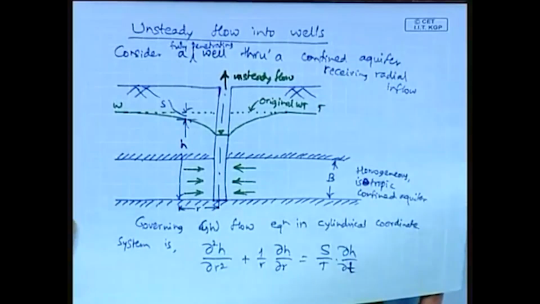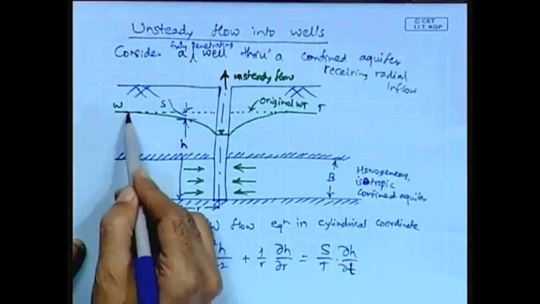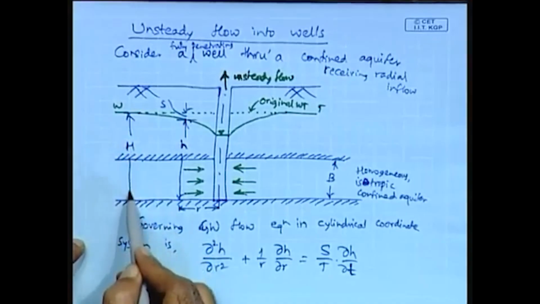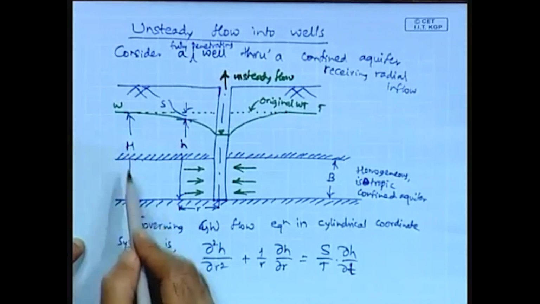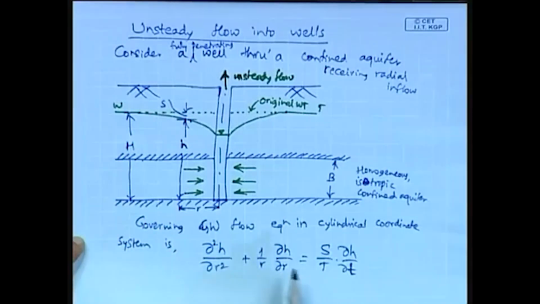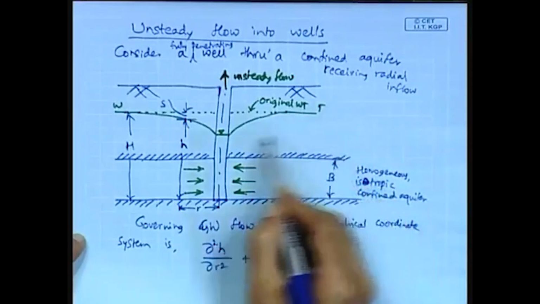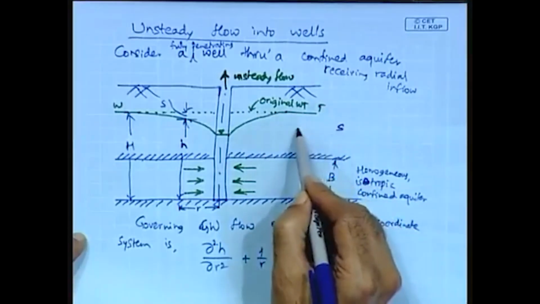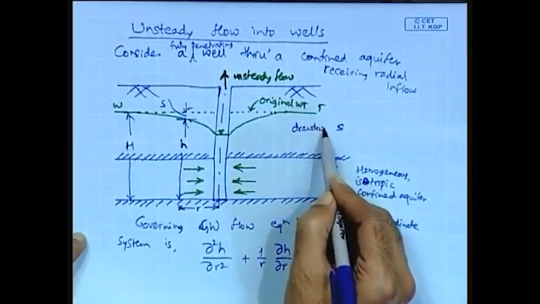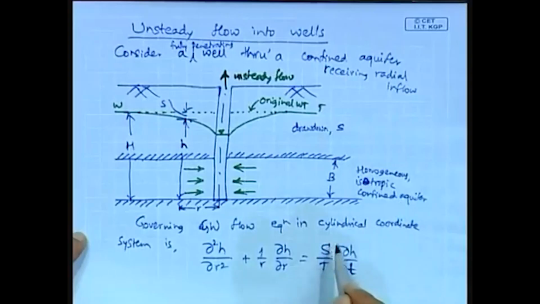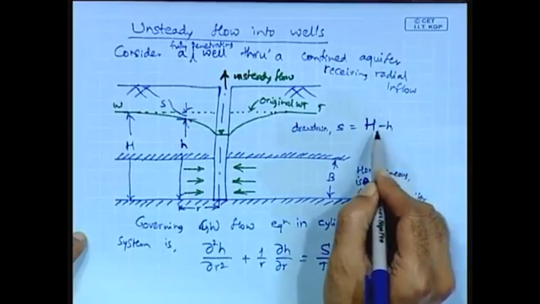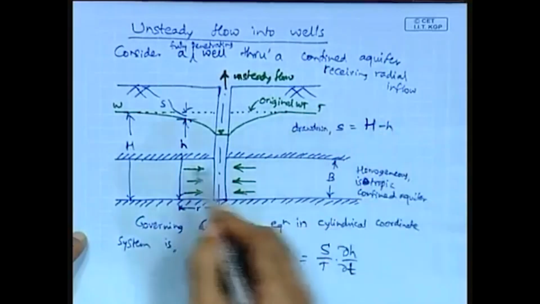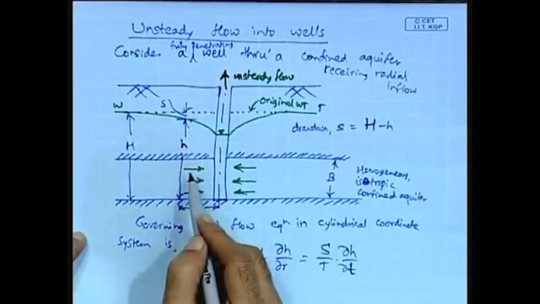Now, in this case, we can write down the total head, the undisturbed head or the piezometric head, as capital H. So, obviously we can write down the expression for the drawdown, small s, is equal to the piezometric head capital H minus the variable head in the well along the drawdown curve.